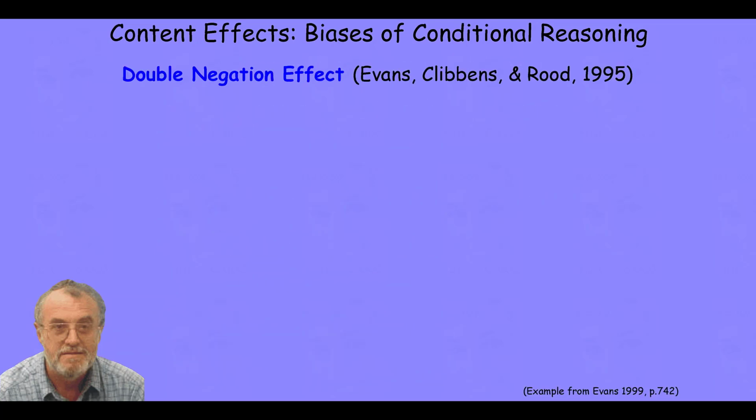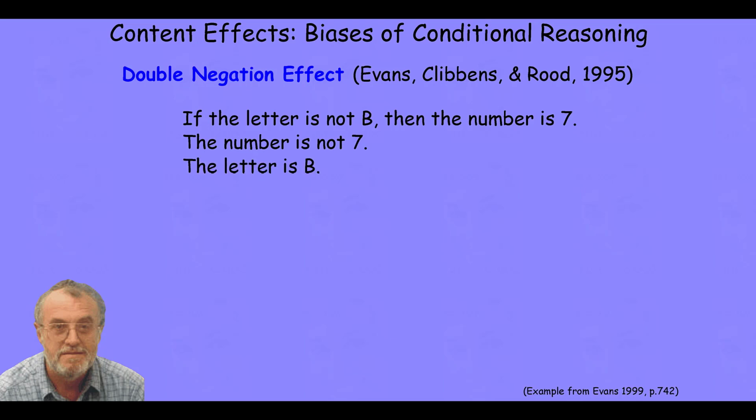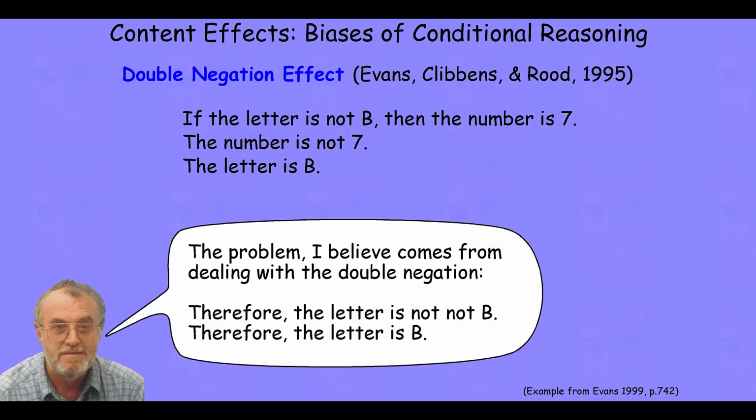Later on, Evans, in researching this phenomenon, came to call this the double negation effect. What he said is, in arguments like this, where the antecedent has a negation, we are worse at evaluating the resultant argument, because of that addition of a negation to a negation, where the two negations effectively knock each other out.